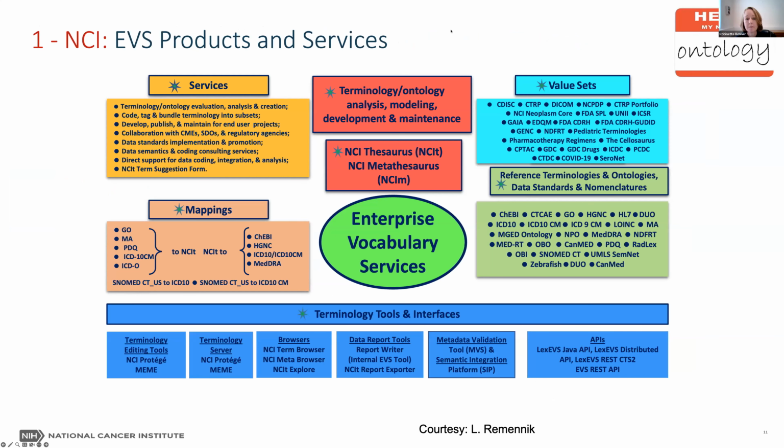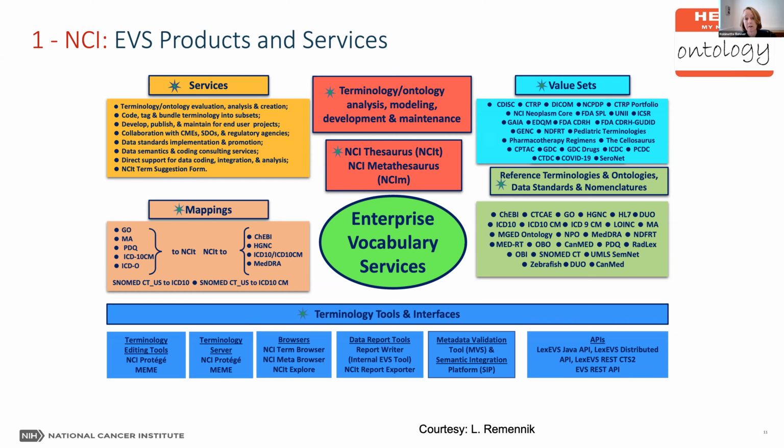Thank you, Umit. Yes, so the NCI currently provides several semantic resources that can be used to help address some of these challenges and opportunities that Umit mentioned. First is our Enterprise Vocabulary Service, or EVS. They maintain all of our terminology-related offerings.